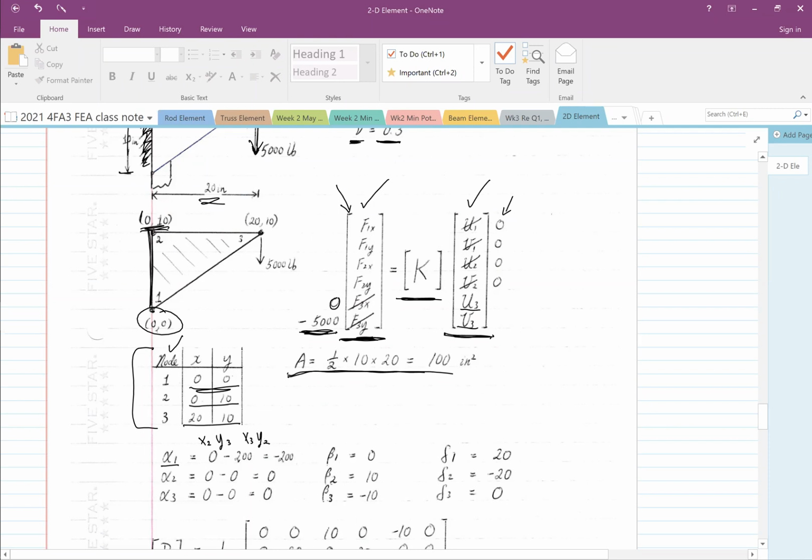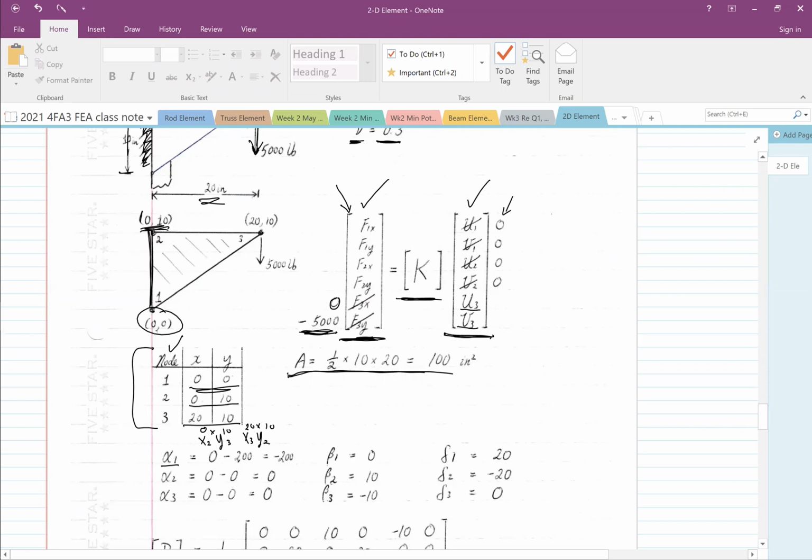Is that right? Did I make a mistake? X2 is 0 times Y3 is 10, and then X3 is 20 times Y2 is 10. So 0 minus 20 times 10, which is negative 200.